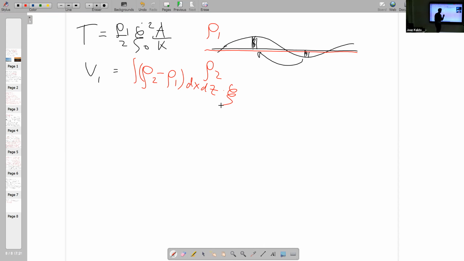The height, xi naught cosine kx, basically, is the height. And then multiplied by the height of the center of mass, which is psi naught divided by 2 cosine kx. Integral like that. And we are still missing g.